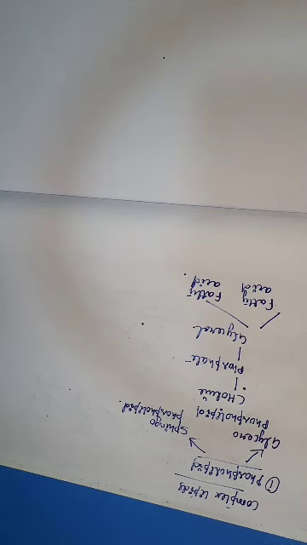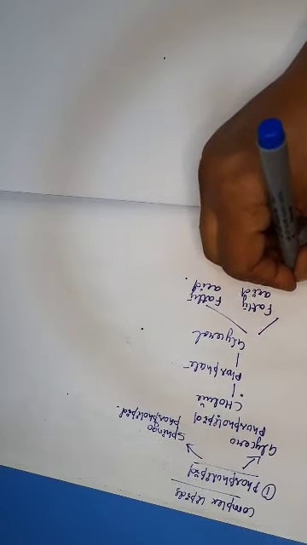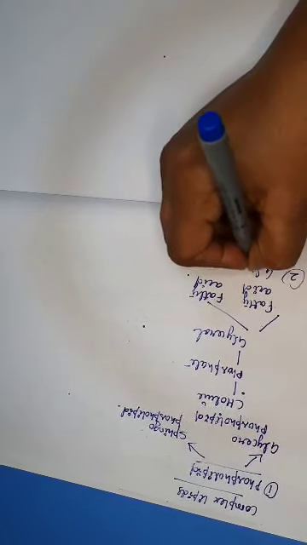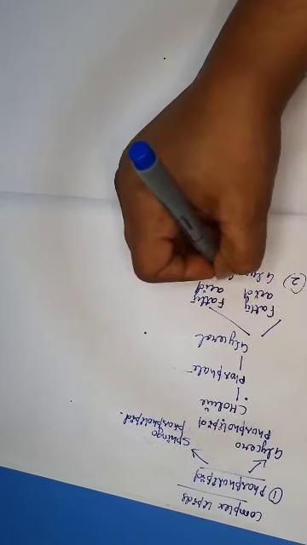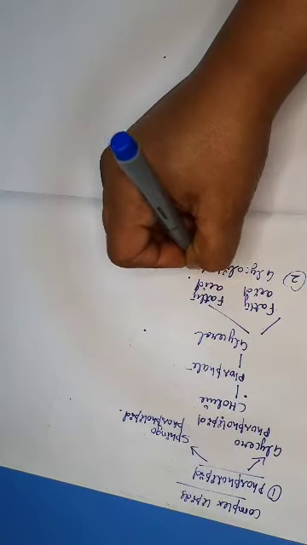The second category of complex lipids is the glycolipids. The name itself indicates that they will be having a carbohydrate group attached somewhere over them.